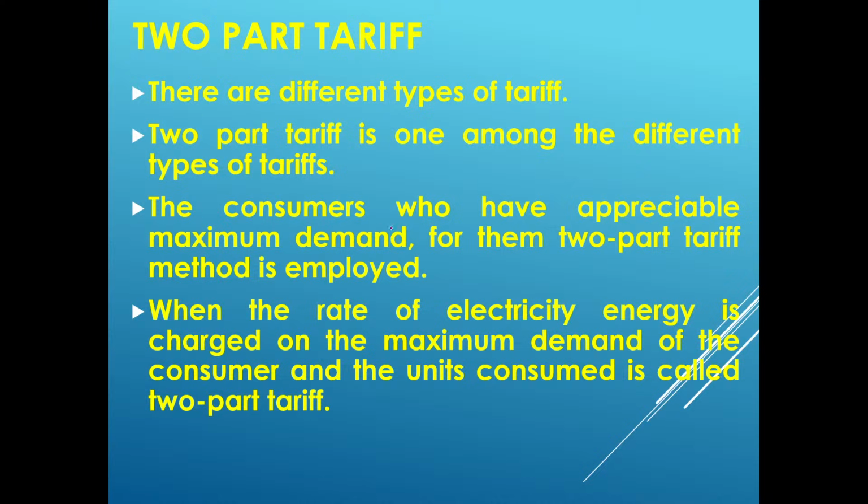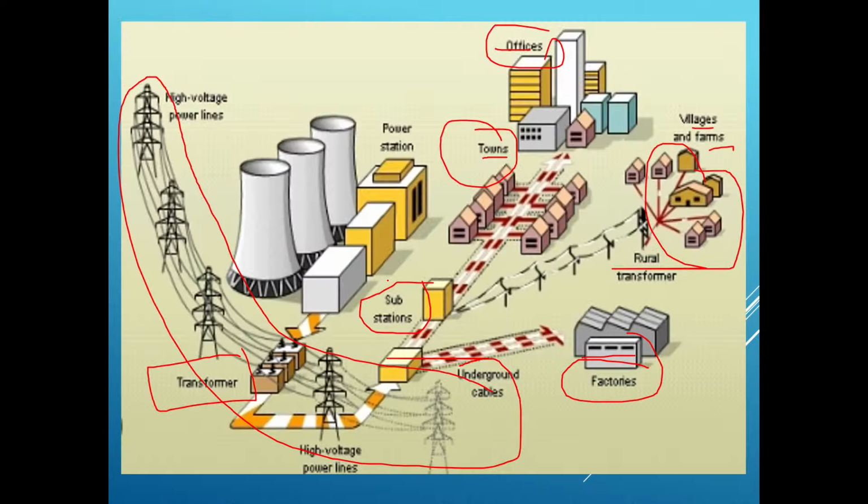The consumers or customers who have appreciable maximum demand, for them the two-part tariff method is employed. Who are these consumers? They have a maximum demand of electrical energy. They are the industries.